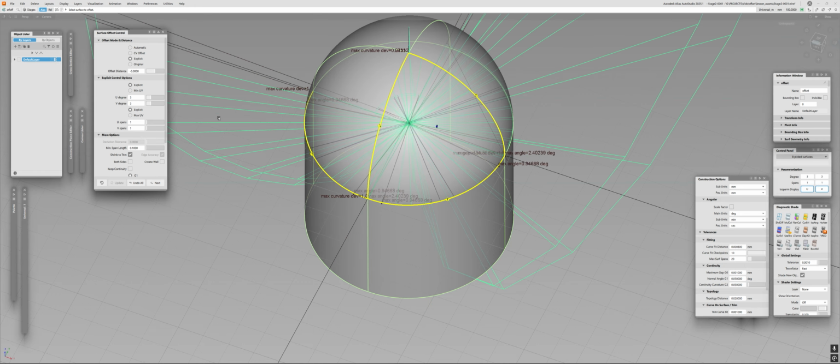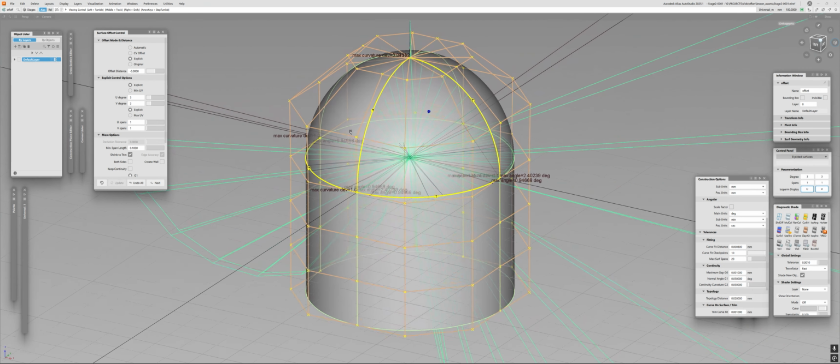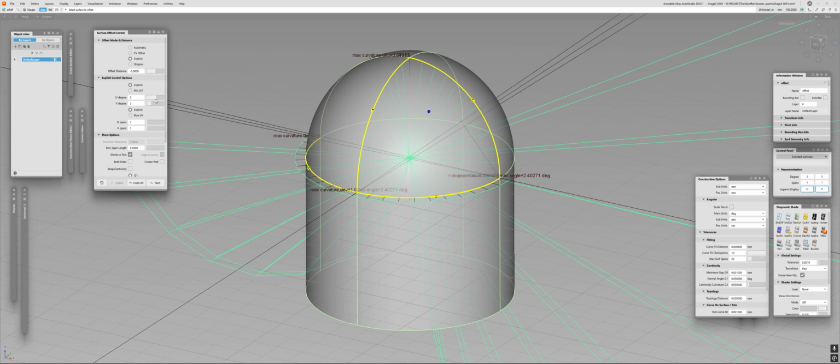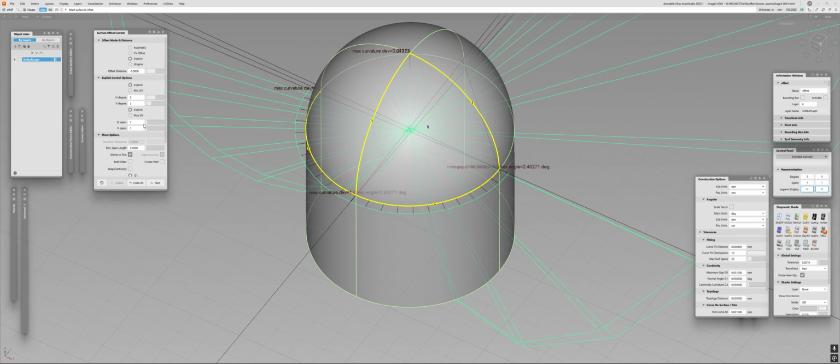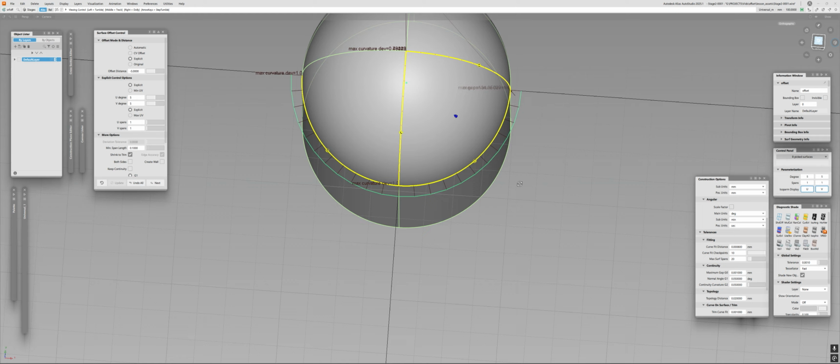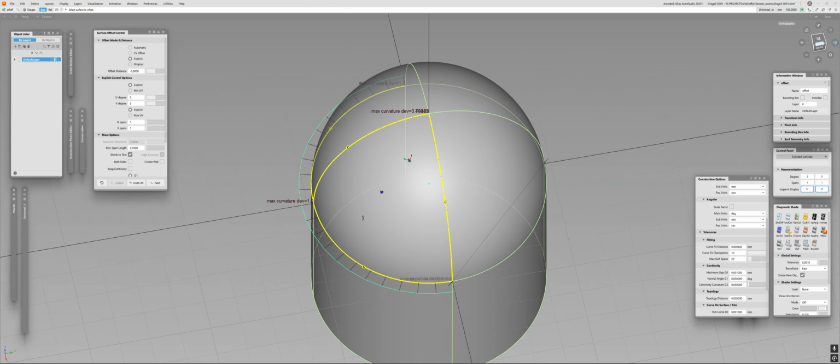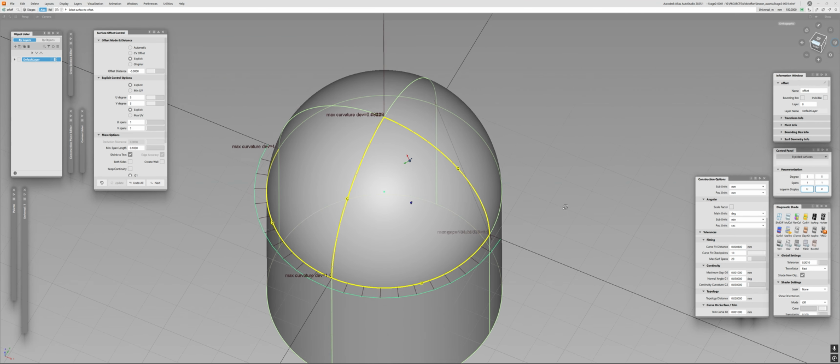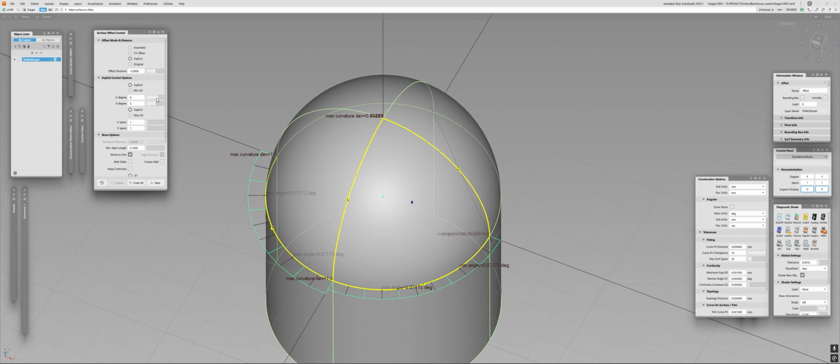So I can go back to explicit, right? This one. And I can try to increase or decrease the amount of elements until it just kind of becomes better. Maybe remove all the tangency issues. Let me see.